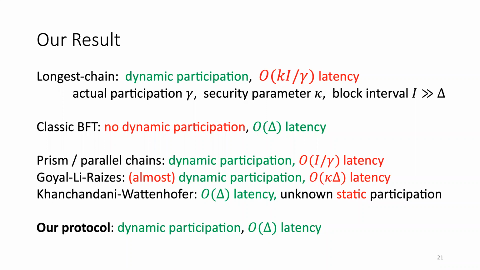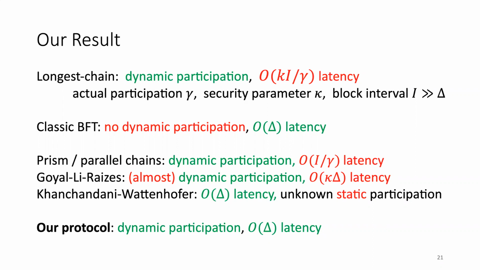Let me very quickly review some related prior works. The aforementioned Prism and parallel chains remove that factor kappa, the security parameter, from the latency, but some other terms stay. There's another work by Gaoyou et al. that also tries to improve latency under dynamic participation.